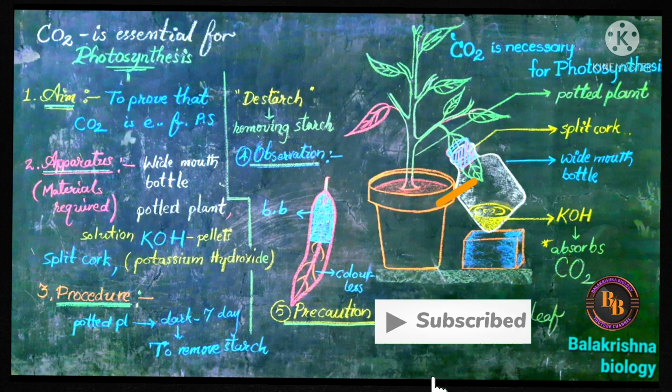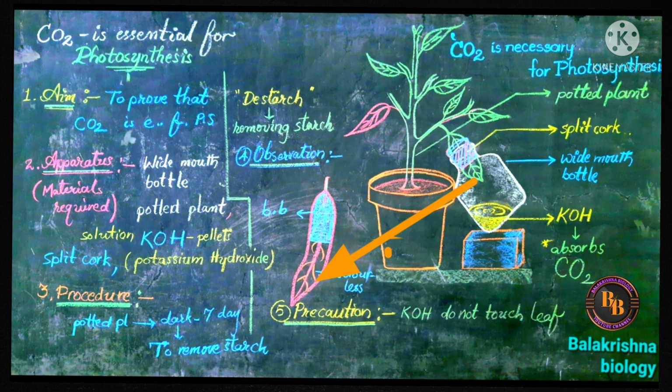Half of the leaf inside the glass bottle didn't change color, means it remains colorless, because there was no carbon dioxide inside the bottle, so there was no photosynthesis, and no starch was formed.